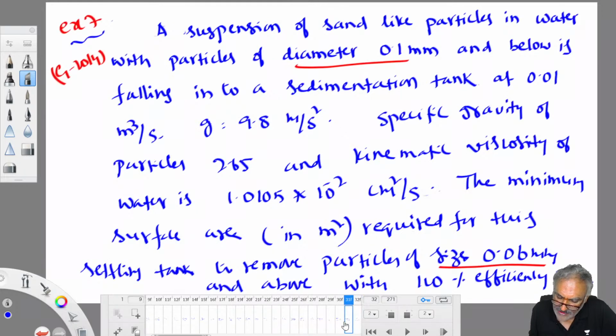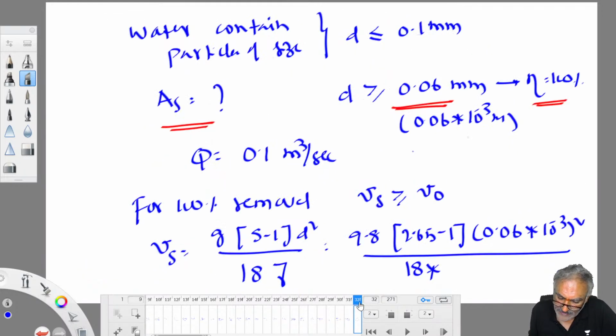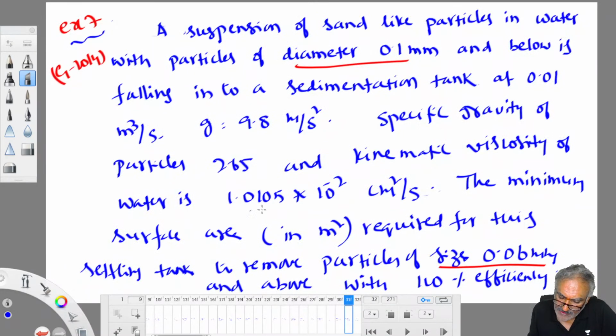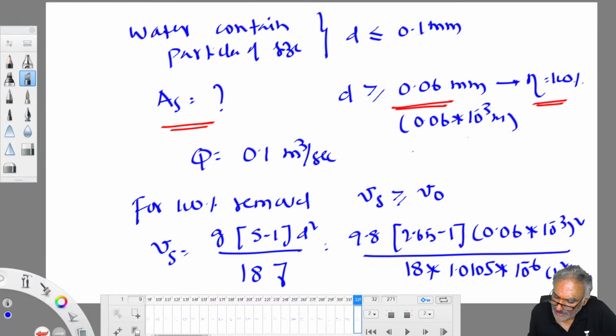Kinematic viscosity of water is given as 1.0105 into 10 power minus 6. This is also substituted in meter square per second. Actually it is given in centimeter square per second, so 0.0105 is converted into meter square per second, so that you get the answer in meters per second. Come on, work it out. Understood now?